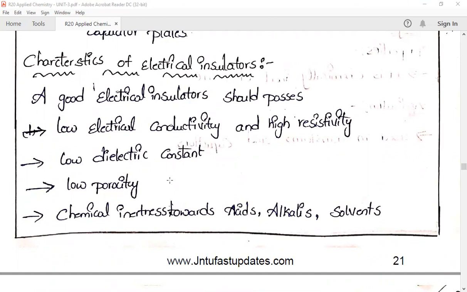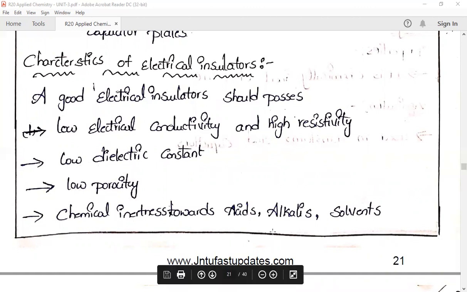A good electrical insulator should possess low electrical conductivity and high resistivity, low dielectric constant, low porosity, and chemical inertness towards the acids, alkalis, and solvents.